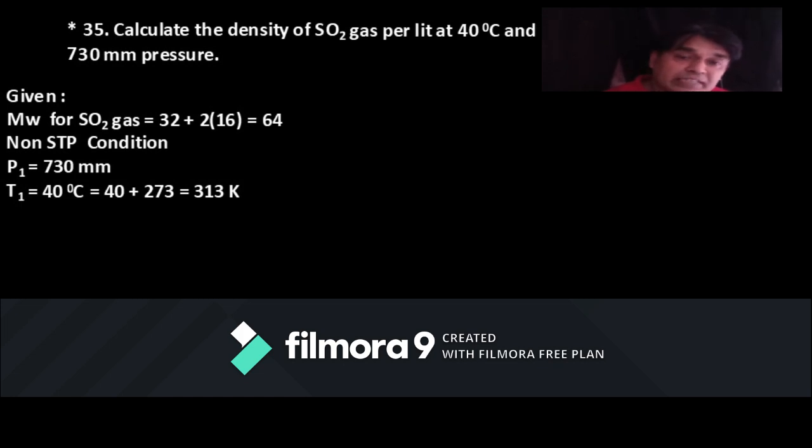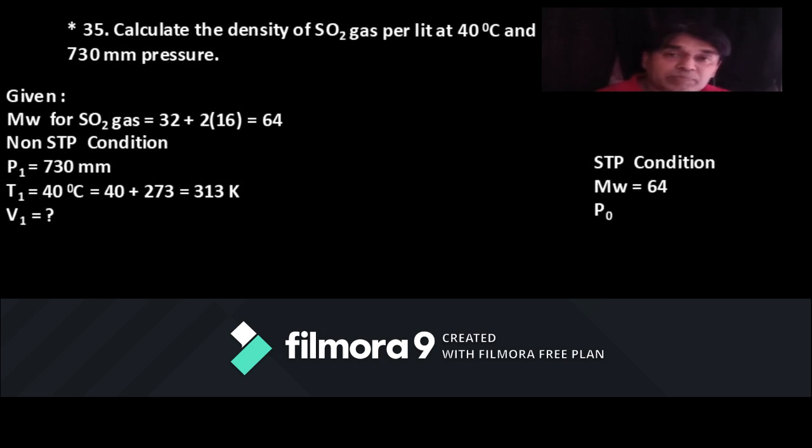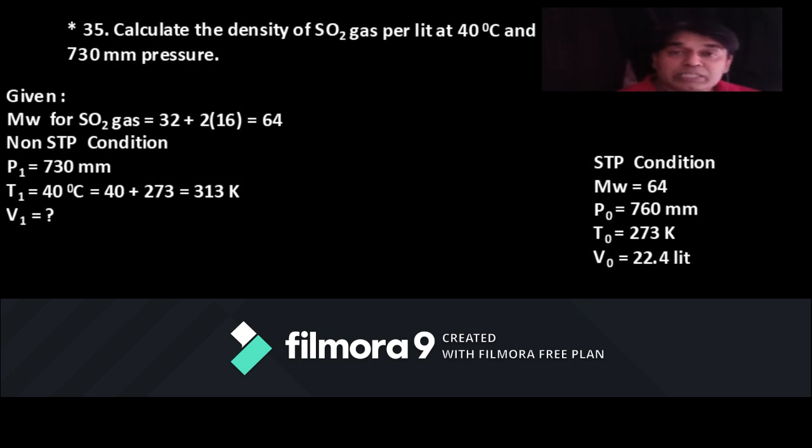At STP condition, the molecular weight is 64, because the compound is known, therefore molecular weight is easily calculated. The second one is STP: P0 equal to 760, and T0 equal to 273 Kelvin. The molecular weight is known, therefore volume is also known at STP condition.